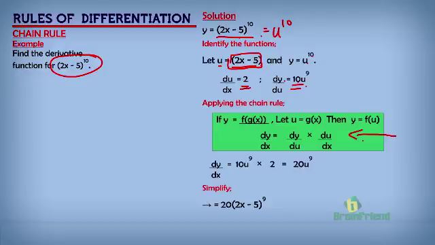So what we need to do is to input our values, which is dy du times du dx. And that is 10u raised to the power 9 multiplied by 2. This, of course, is our dy du, and this, of course, is our du dx. So if we multiply this out, we would have 20u raised to power 9.